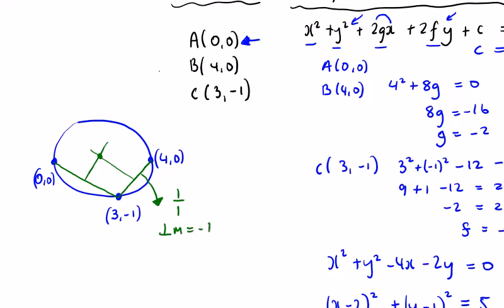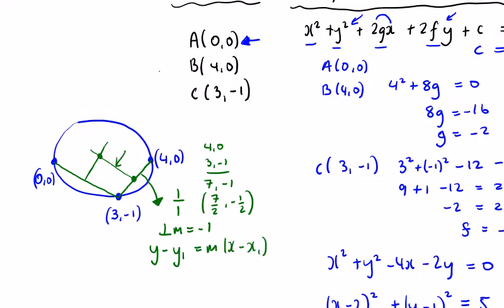And I can get the midpoint of this line, 4, 0, and 3, minus 1 is going to give me 7, and minus 1 dividing by 2, I'm going to get 7 over 2, minus 1 over 2. So that's this midpoint here. So using the equation of a line, y minus y1 is equal to m times x minus x1, I can get the equation of this line here.